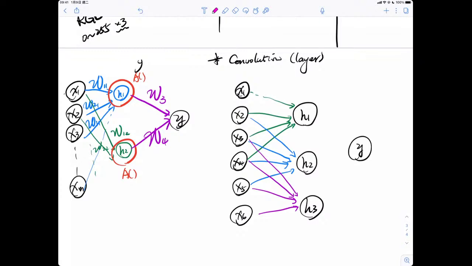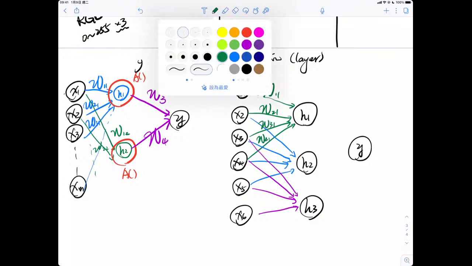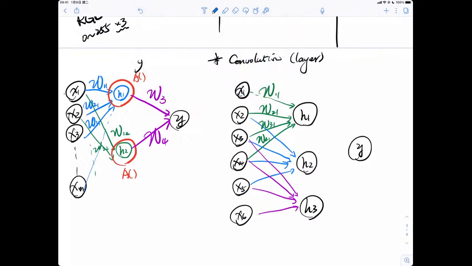Of course we have weights, so I write it in this way: W11, W21, W31, W41. Of course H2 has its own weights like this.